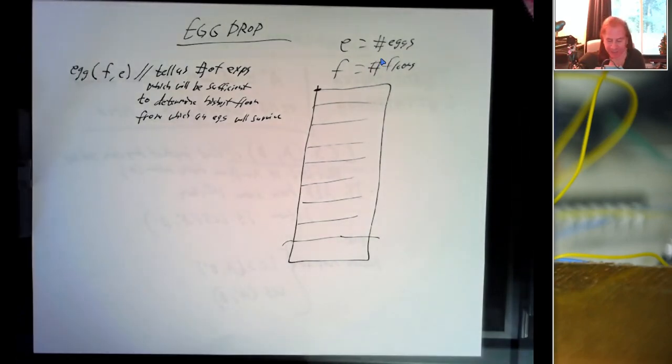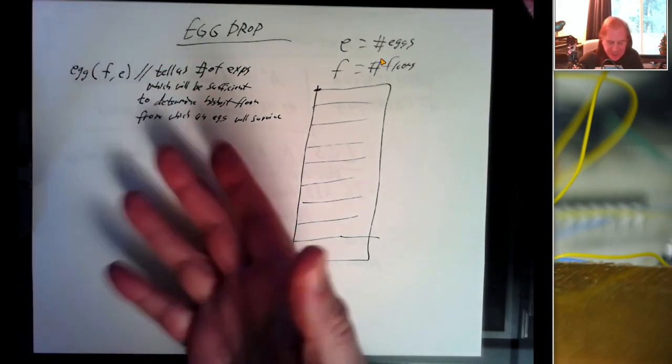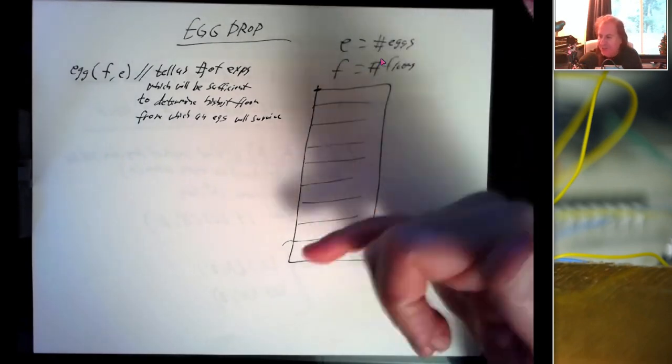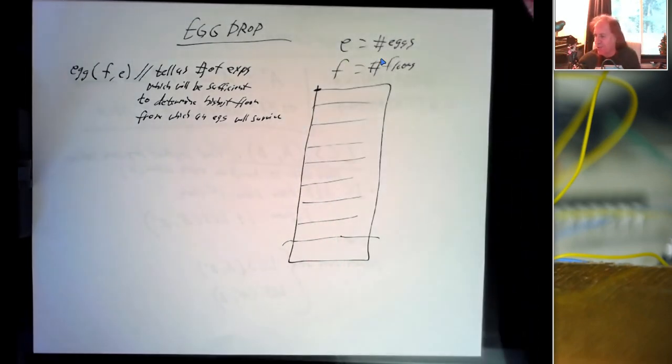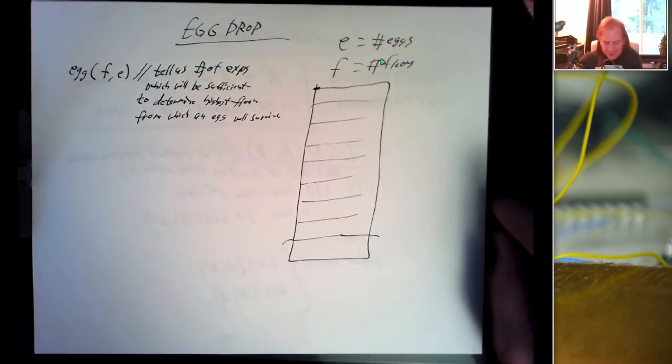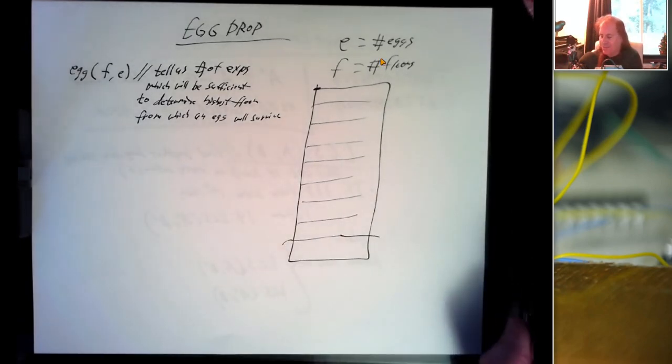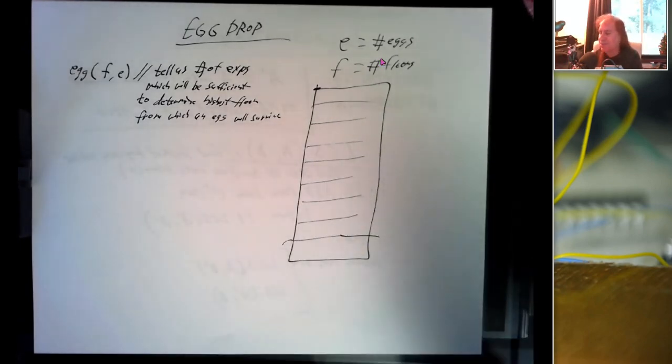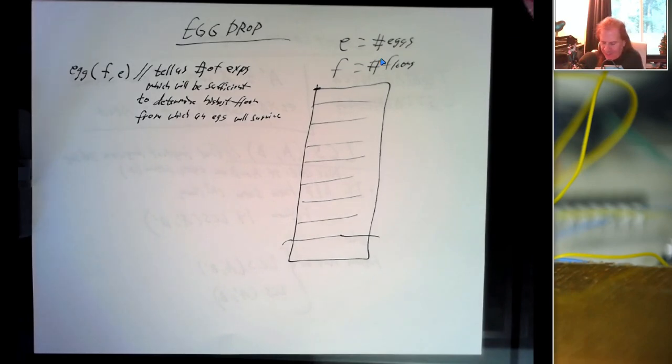Okay, we could also have it tell us more information, but we're not actually trying to write a function that tells us what's the safe floor, because we don't know anything about the eggs or the surface and so on. But we're trying to find what's the number of experiments we need. And we're looking for a guaranteed number of experiments.